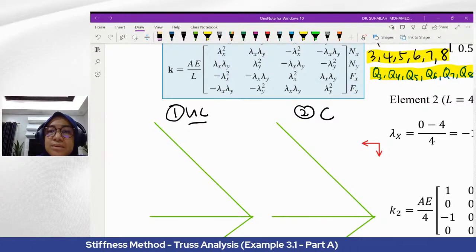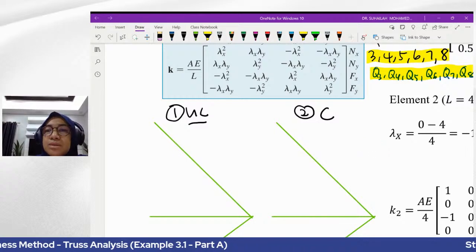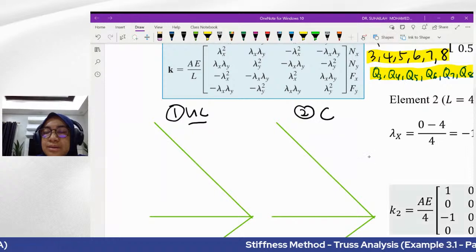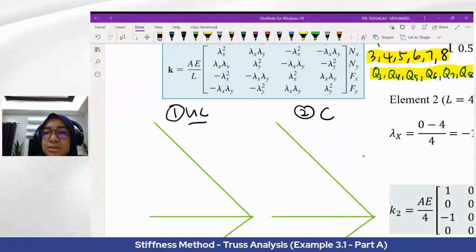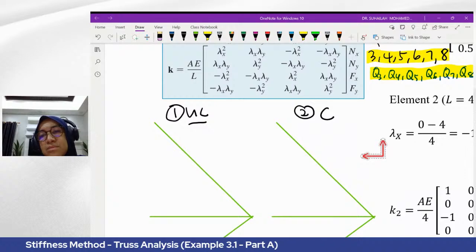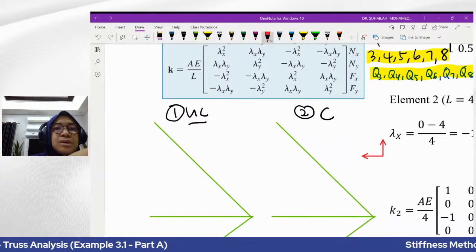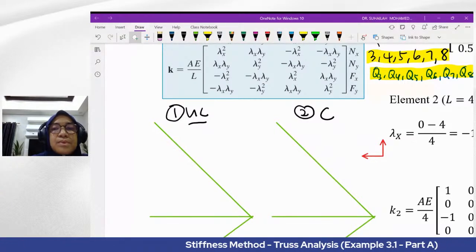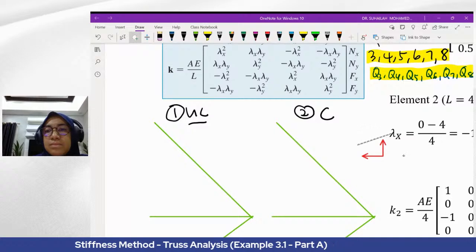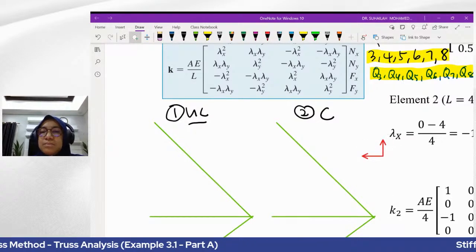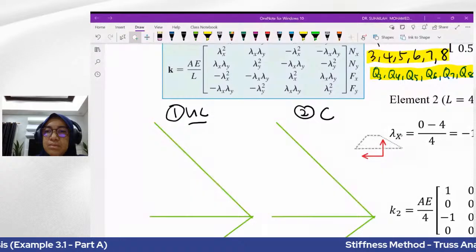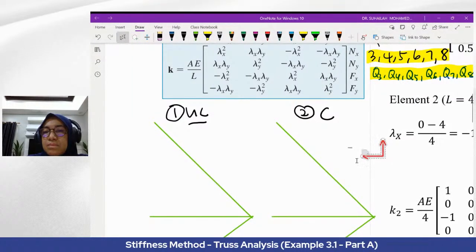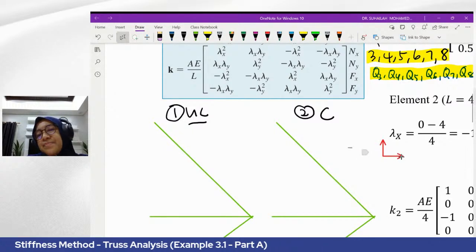Not this one, it must be upward. Can I rotate this? Cannot. Can I rotate this? Okay, can.